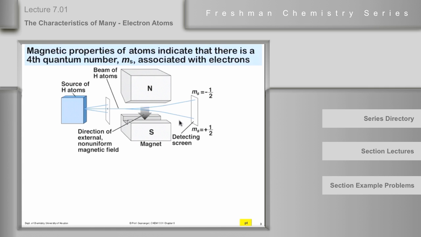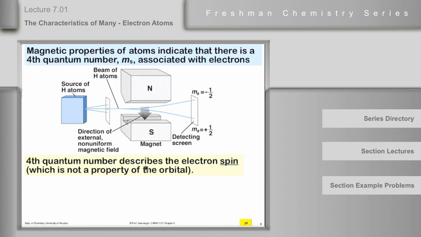And lo and behold, without having to assume spin, the electron's properties broke up into two groups of equal size, and the net result was you got the same effect as was seen experimentally here.